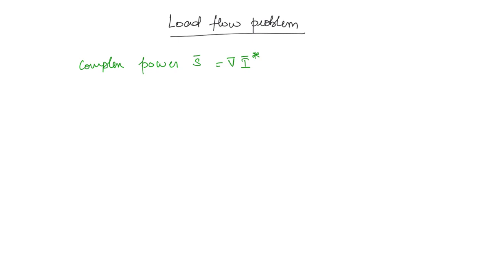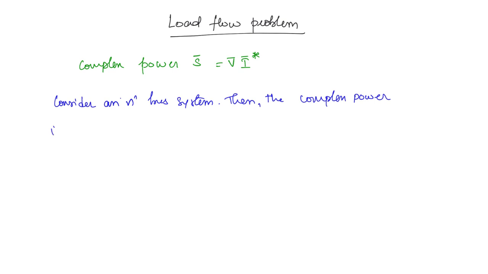Now what we want is the complex power injected into the transmission system at the ith bus. Okay, so consider an n bus system, then the complex power injected into the transmission system at the ith bus.